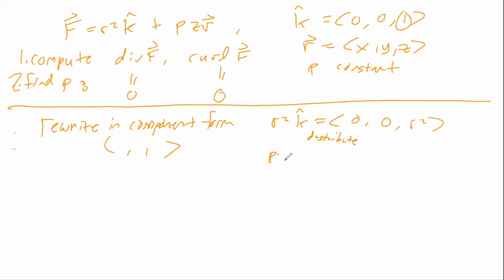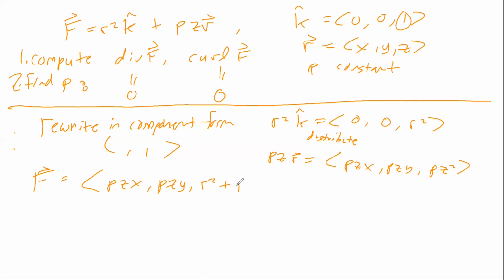And similarly for pz r, you just distribute the pz inside. So you get pzx, pzy, and pz squared. So you end up with F equals <pzx, pzy, r squared plus pz squared>.